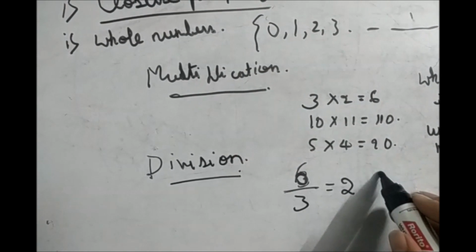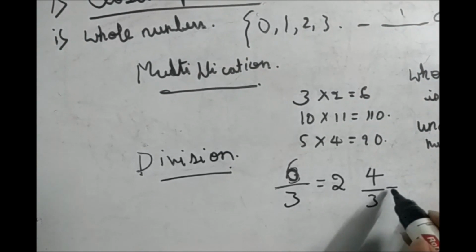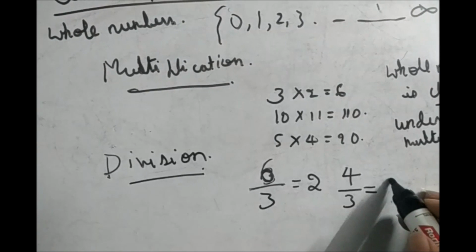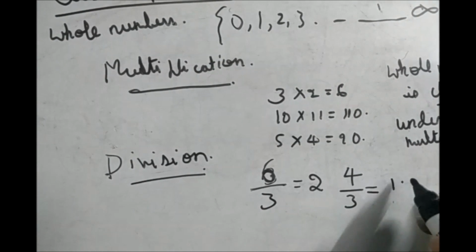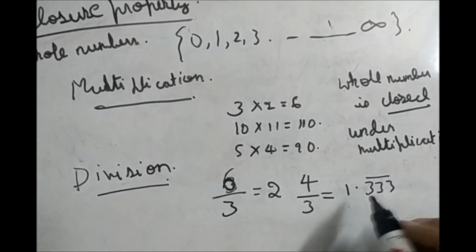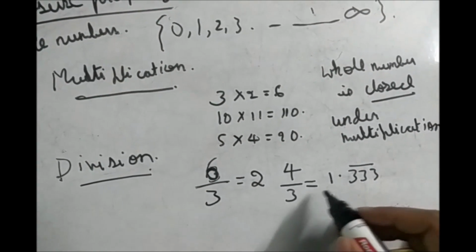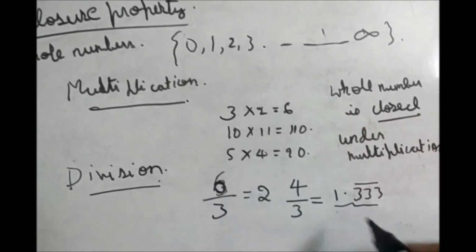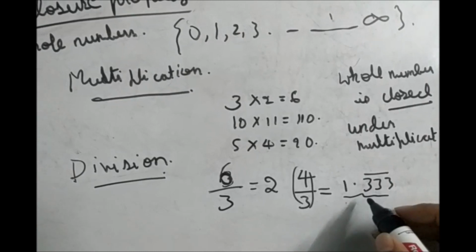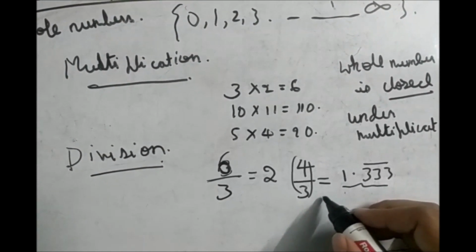Then if we take 4 divided by 3, which is equal to 1.333 and so on, we represent this with the symbol for recurring digits, but this is not present in the set of whole numbers. This is actually a rational number.